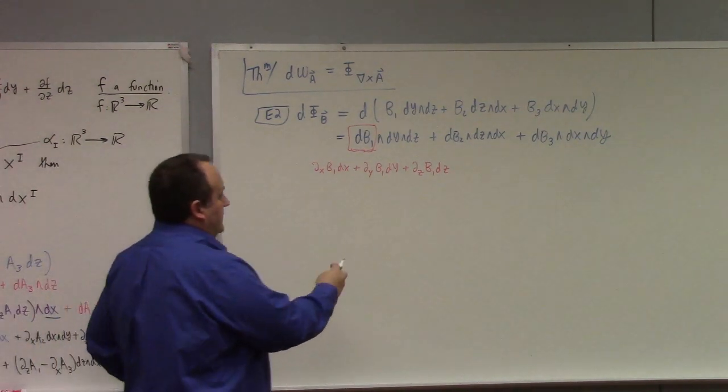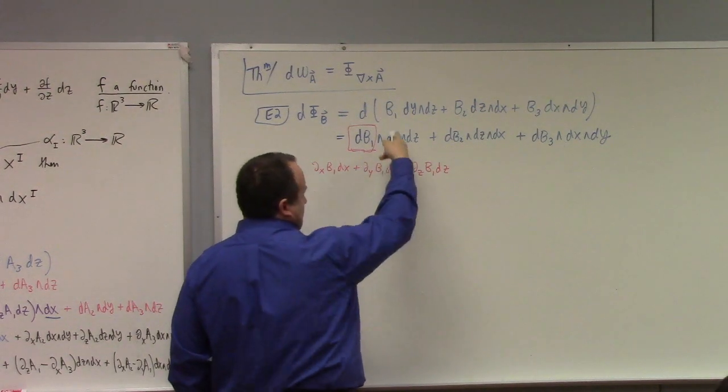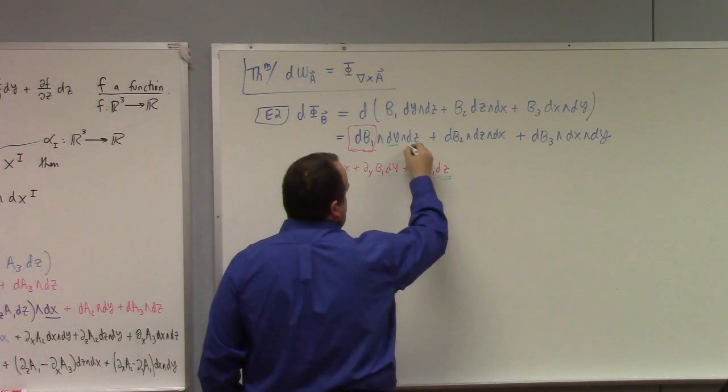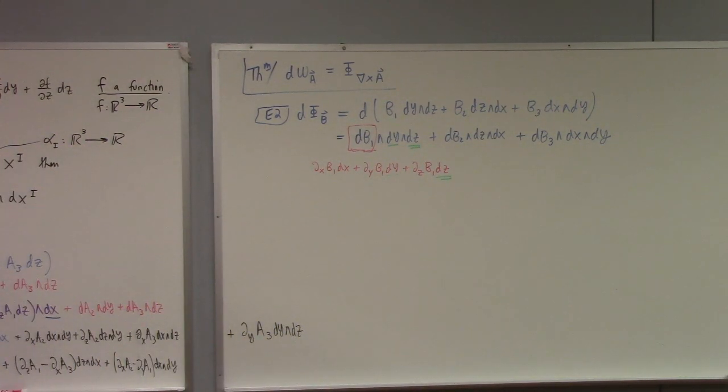The terms with dy and dz wedge to 0, because anytime you have one of the differentials repeated in a wedge product, we can show that it's 0. So the terms with the y derivative and the z derivative on B1 wedge to 0. All that leaves us with is just the x derivative. And the same story repeats for the other two components.